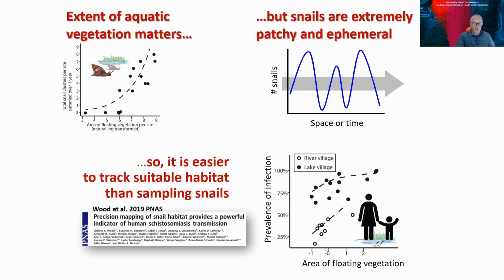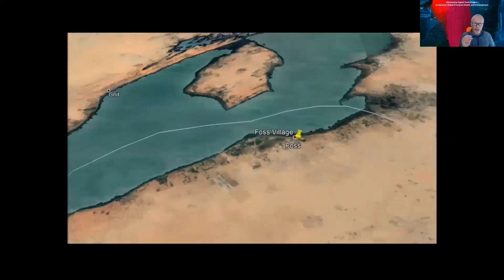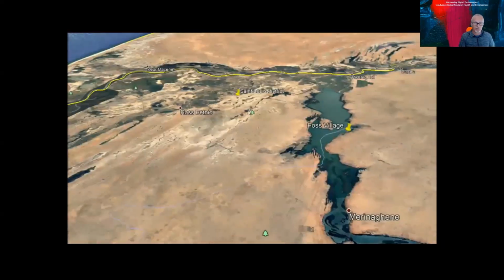And the relationship between area of floating vegetation and prevalence of infection is robust enough to understand just by looking at drone imagery whether the site is a high transmission site or a low transmission site. So this has been great, because then we know what we can do in a single village.